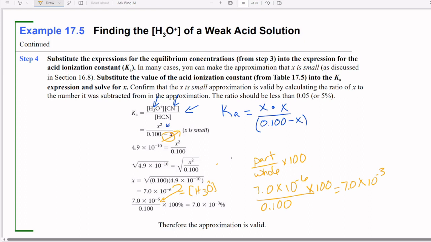If that amount is greater than 5%, then we have to assume that our X is small approximation is invalid, and we have to go back and solve this with the quadratic formula, because we can't take the shortcut. It has to be less than 5% in order for this to be valid. In this case, it is less than 5%, because 7 times 10 to the minus 3 is less than 5%, and therefore our approximation was valid.